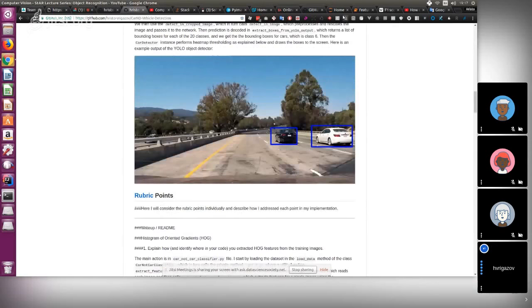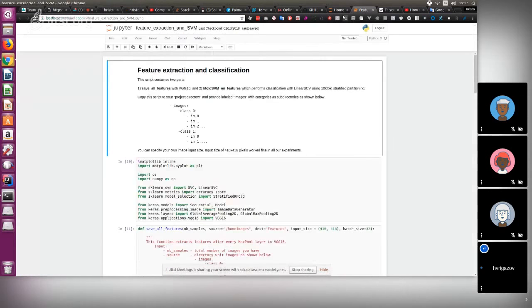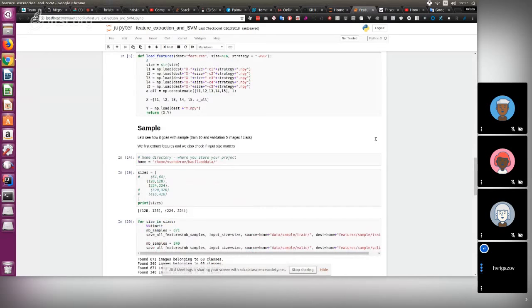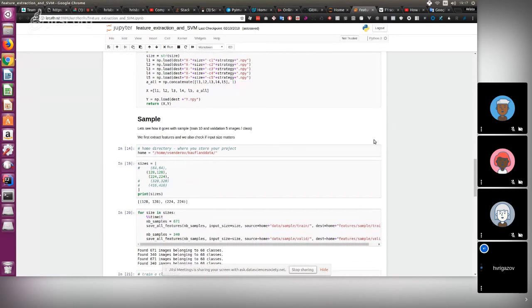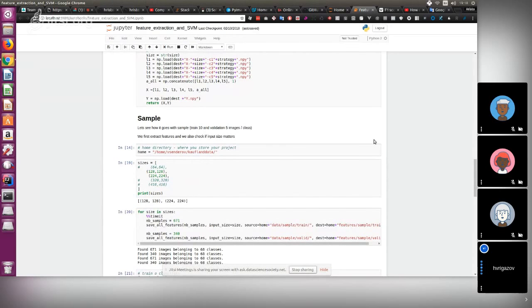The idea is that when you do this, you will find features that are both local and global in some sense, because you have taken different layers from the network.